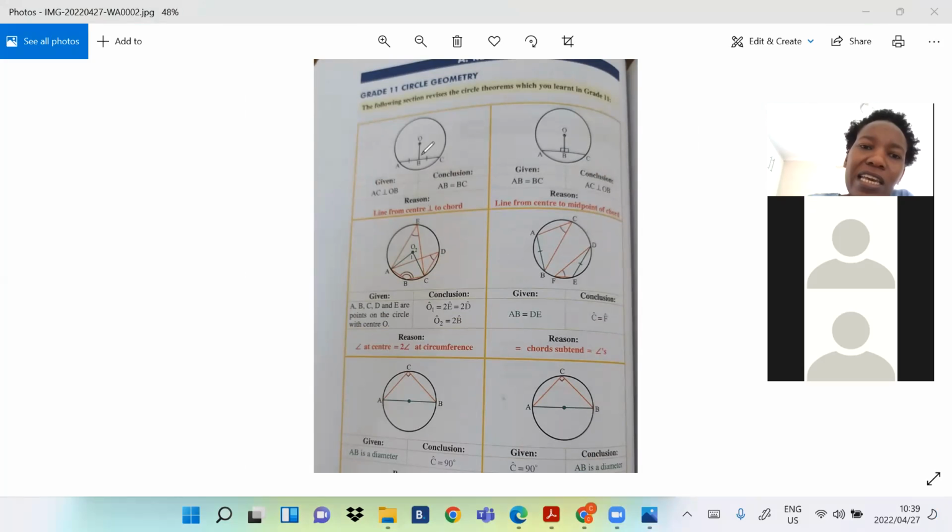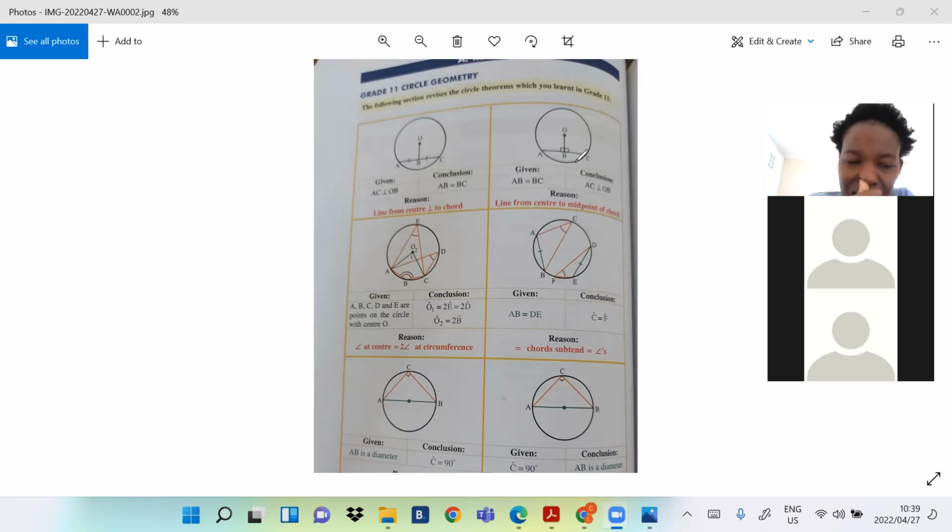If you are given something like this, or a line is drawn from the center to the midpoint, that means you will have a 90-degree angle, and you can conclude that these angles form 90. Then theorem 2, on the right-hand side: a line drawn from the center perpendicular to the chord means these parts will be equal, they are bisected.